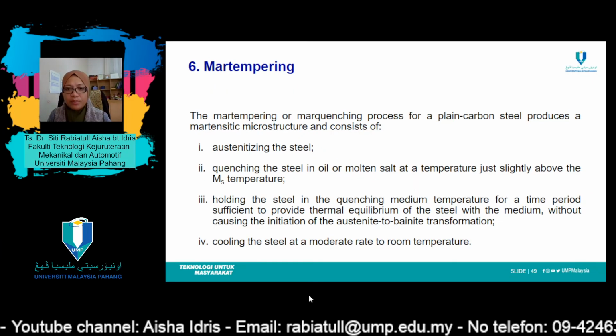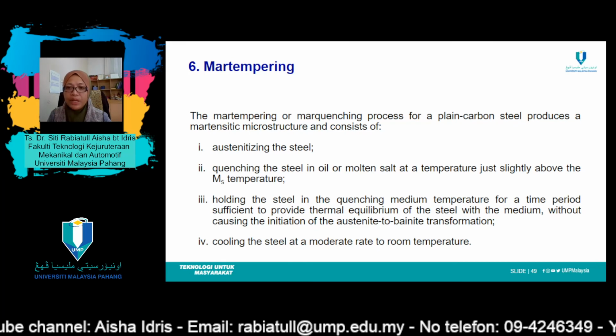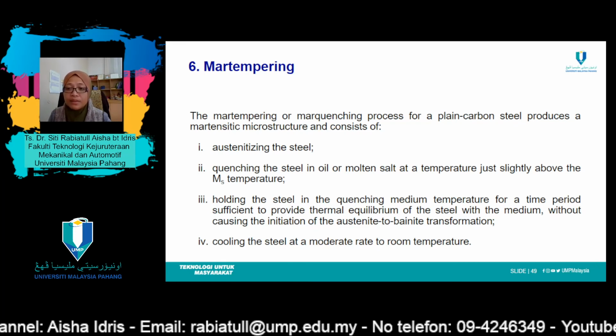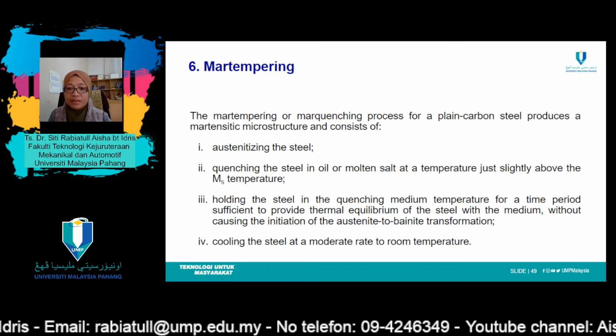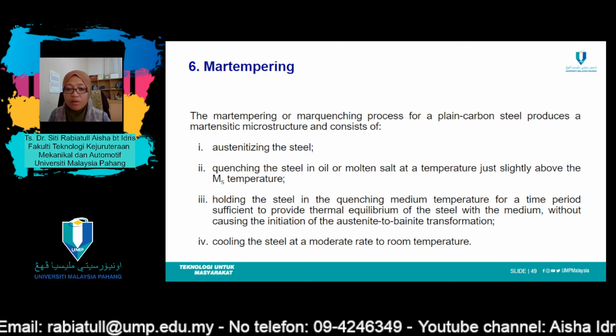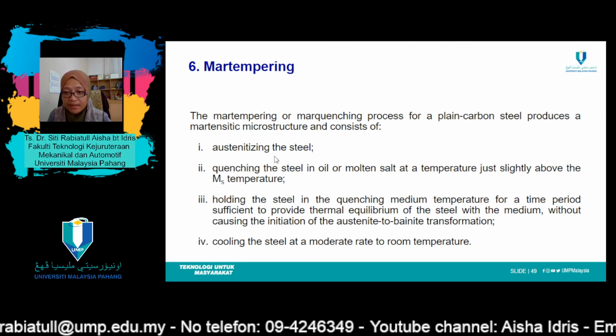Number 6 is martempering. The martempering or marquenching process for plain carbon steel produces a martensite microstructure and consists of: number 1, austenitizing the steel.